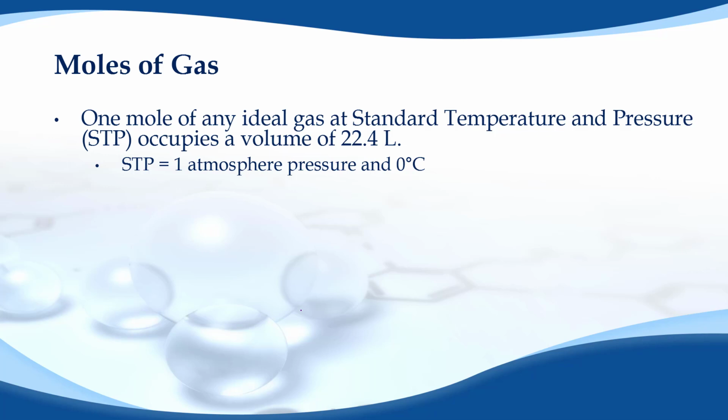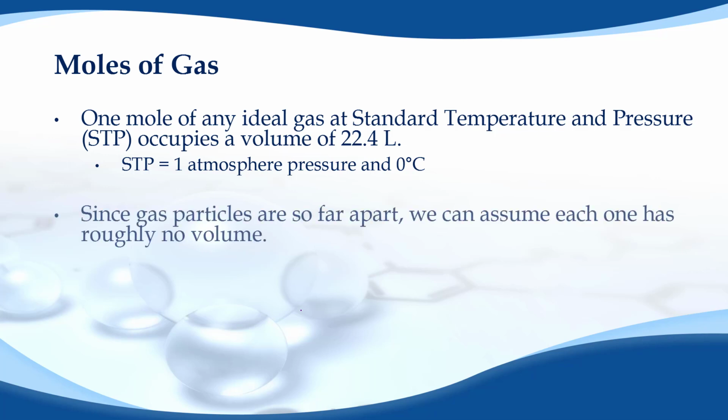At those conditions, 1 mole of any gas, regardless of which gas it is, occupies 22.4 liters. One of the reasons we can say it doesn't matter what gas it is, every gas occupies the same volume, is because gas particles are really tiny and extremely far apart, so we're going to assume that they don't really contribute to the volume of the sample.